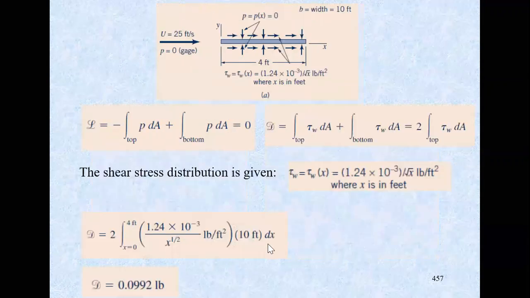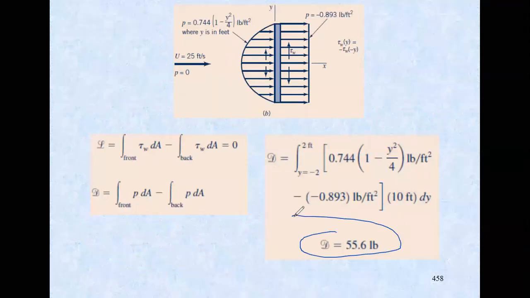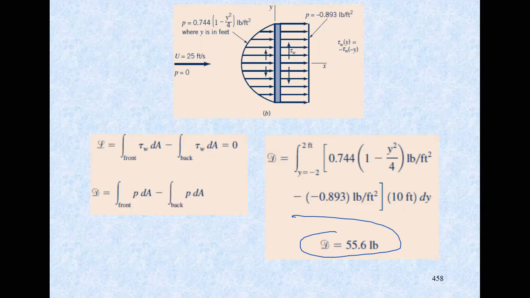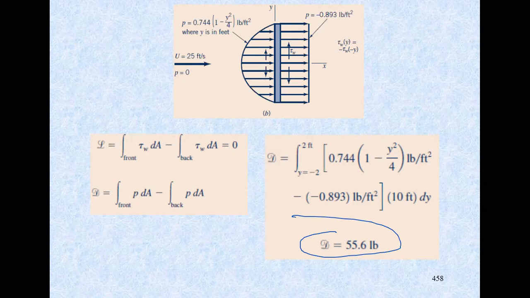Previously, we had 0.1 drag over here, and in the other case, we have 55.6. So that's the principle of calculating the lift and the drag of flow over an immersed body.